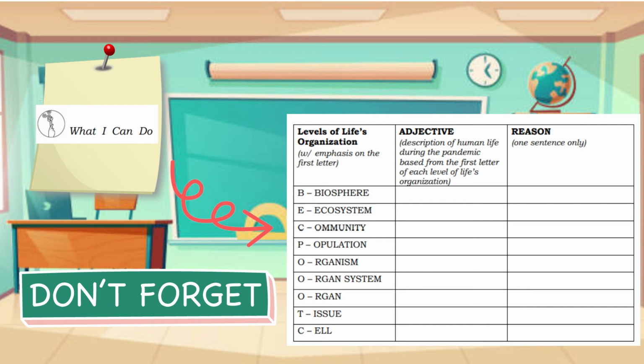This task is quite timely, simply because it has something to do with the situation that everybody is in with the COVID-19 pandemic. It strikes our country. Your task is to use the first letter of each level of life's organization to describe our life here on Earth during the pandemic. Good luck!